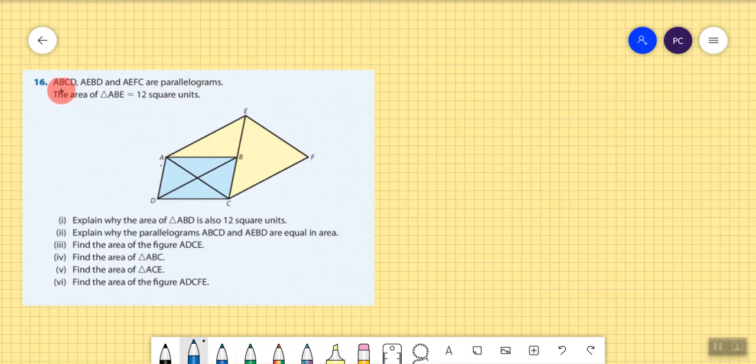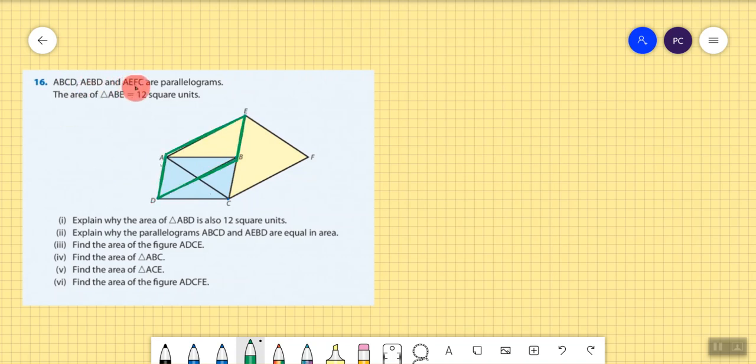So what it asks you to do, so it says A, B, C, D. So these are 4 points, A, B, C, D. So you have A here, B, C, and D. So A, B, C, D, and A, E, B, D. So A, E, B, D. Okay, so you kind of have this shape here. So it goes up, down, and then across here like so.